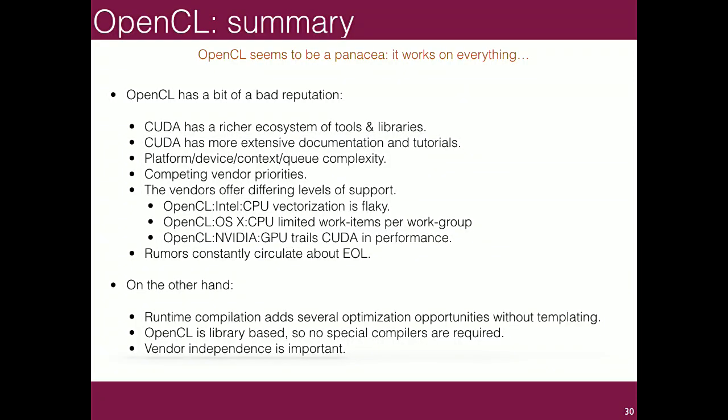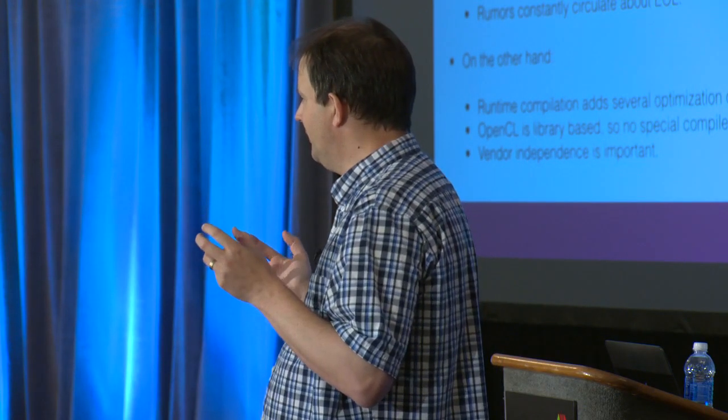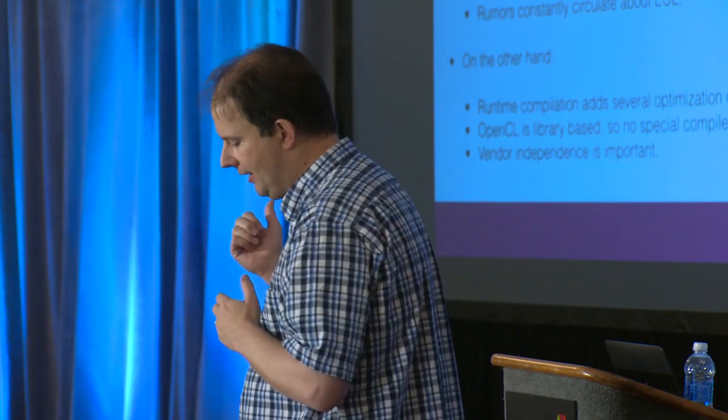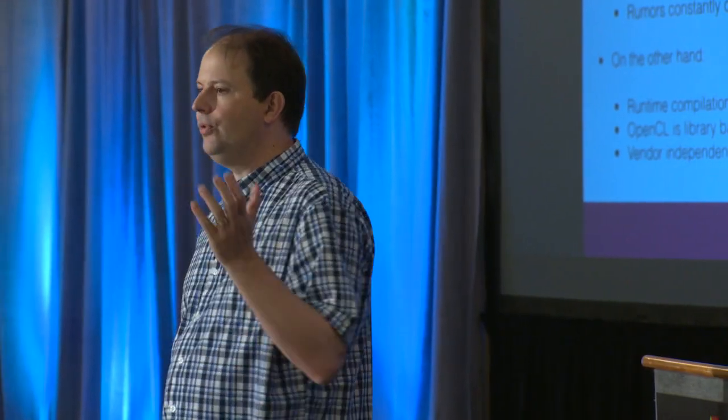On the other hand, it offers runtime compilation. You probably didn't really absorb that, but it's very important for runtime optimization of kernels. Because you can compile a kernel when you run it, you know all the parameters for it. So you can do heavy online optimization. You can tell the OpenCL kernel compiler, you can hard code all the parameters without templating.